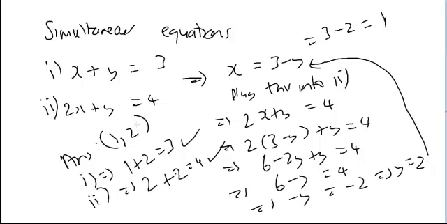The only way that we can have something more complicated is if we don't get lucky. So here we had equation 1 where we had x plus y is equal to 3. So it's simple for x is equal to 3 minus y. If we had something more complicated, we could have had equation 1 as 3x plus y.